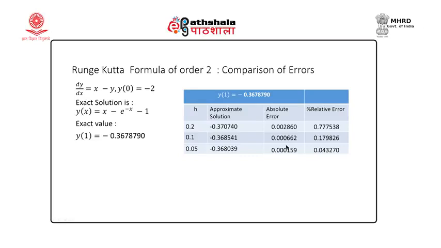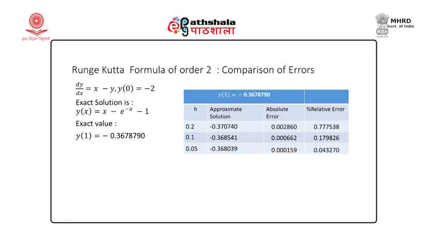For step sizes 0.2, 0.1 and 0.05, the errors are 0.002860, 0.000662 and 0.000159, and the percent errors are almost 1%, 0.178% and 0.0432%.